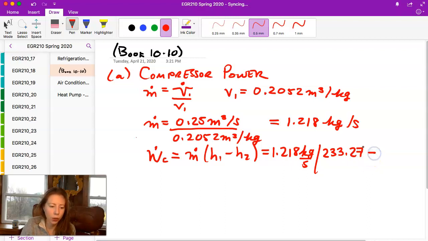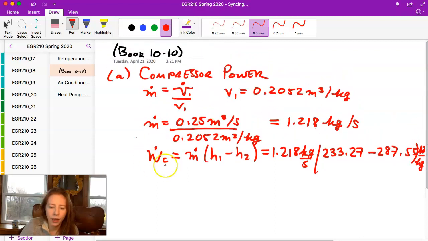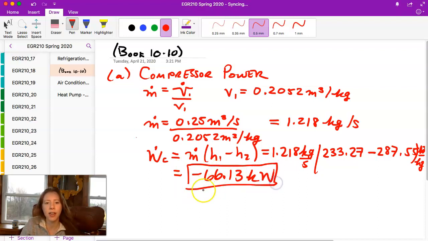And H2 was 287.55, and this is in kilojoules per kilogram. And so we end up with minus 66.13 kilowatts. So that's power going in. So we could say there's 66.13 kilowatts going in, or overall, we're putting power into the system, so we have a negative.